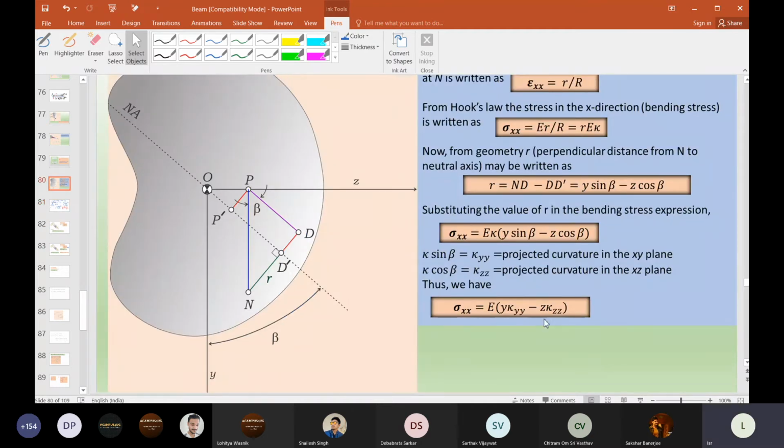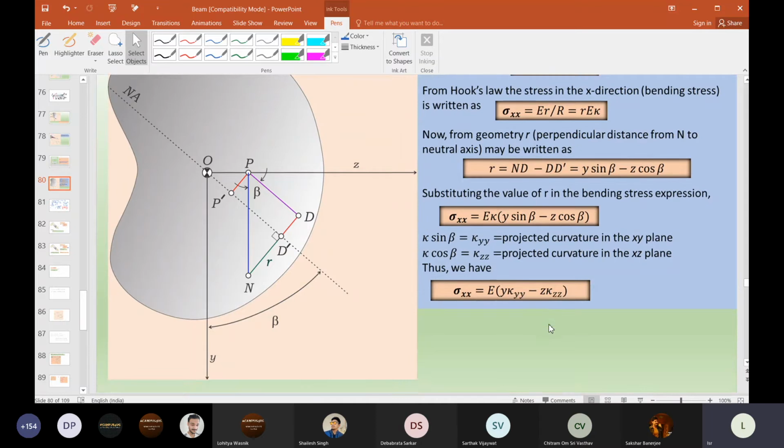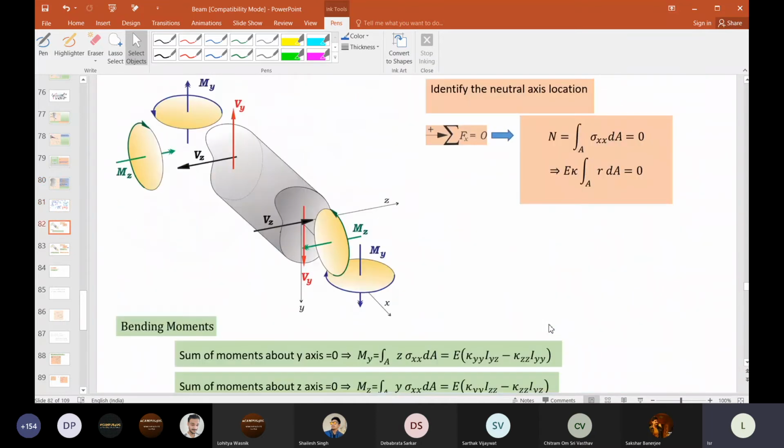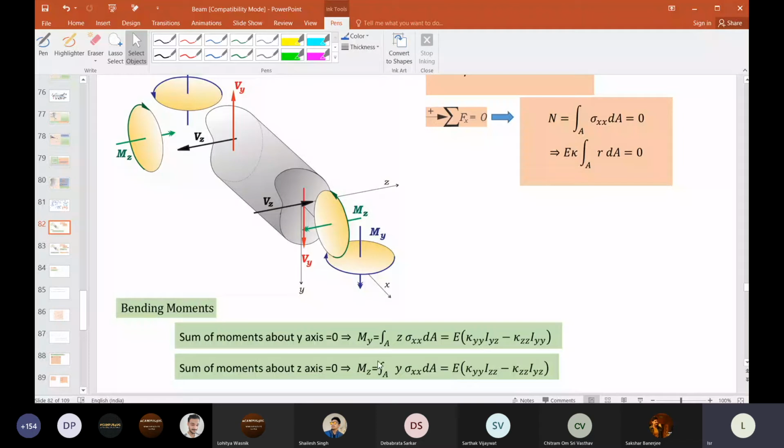Now we have sigma xx like this. Then I have written the moment about the y axis, My, and the moment about the z axis, Mz, that is y sigma xx dA, and this is z sigma xx dA.